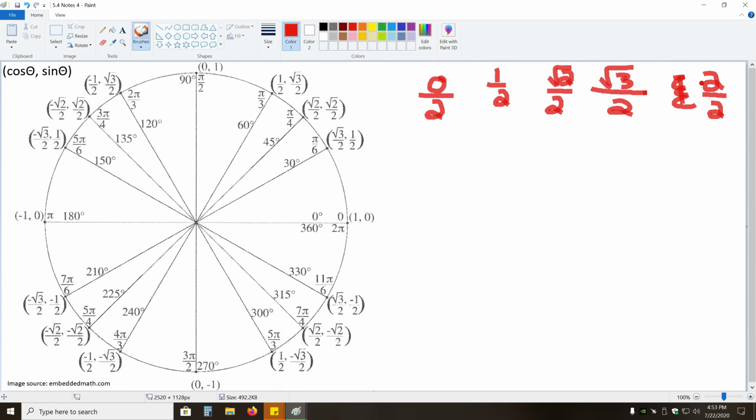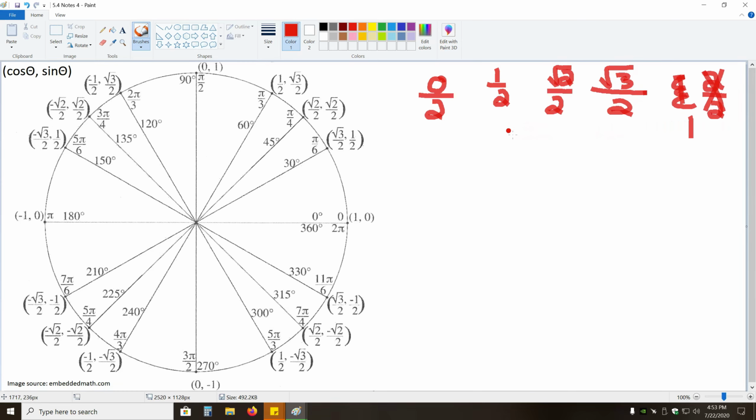So this is the only odd one out. So we just leave this as 1. But notice a way to memorize these values. Just keep a denominator of 2 and start with 0, 1, 2, 3. Always keep that in mind. It'll start with 0, go all the way to 3, and then you'll go back to 1.